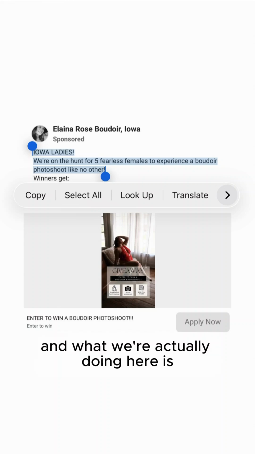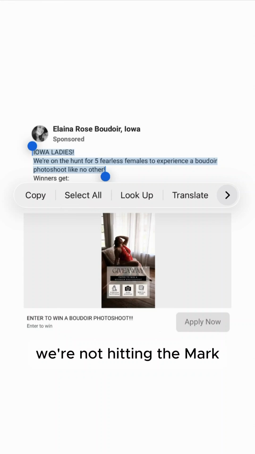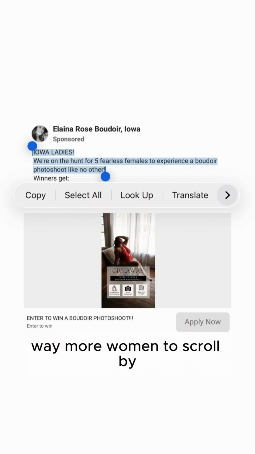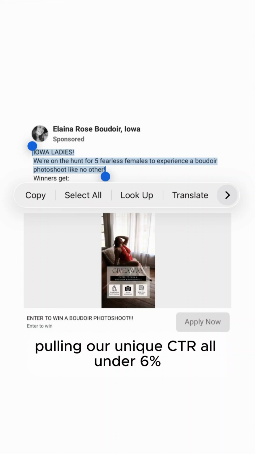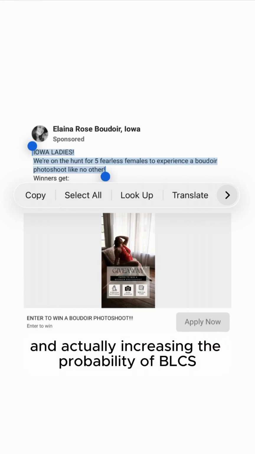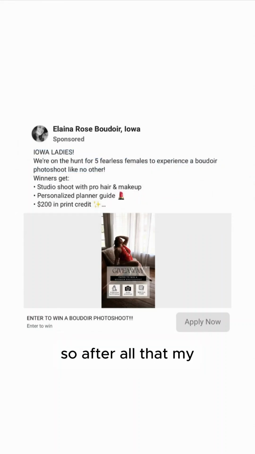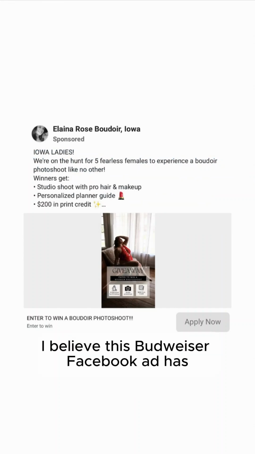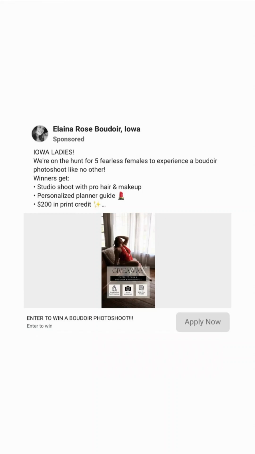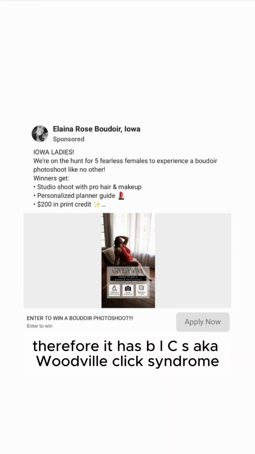And what we're actually doing here is we're not hitting the mark, causing way more women to scroll by Boudoir Facebook ad than necessary, pulling our unique CTR under 6%, and actually increasing the probability we have BLCS, Boudoir low click syndrome. So after all that, my diagnosis is I believe this Boudoir Facebook ad has a unique CTR under 6%. Therefore, it has BLCS, aka Boudoir low click syndrome.